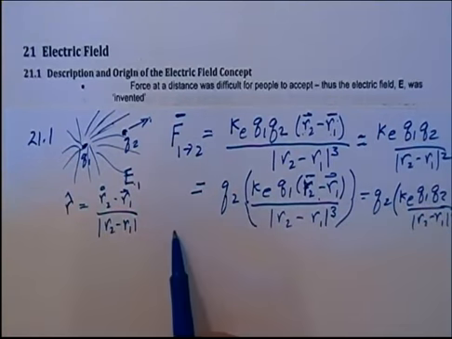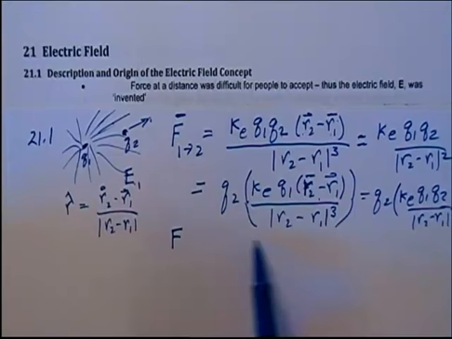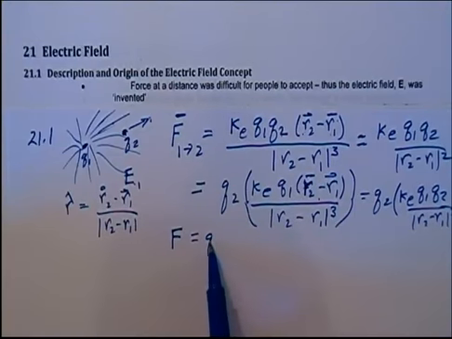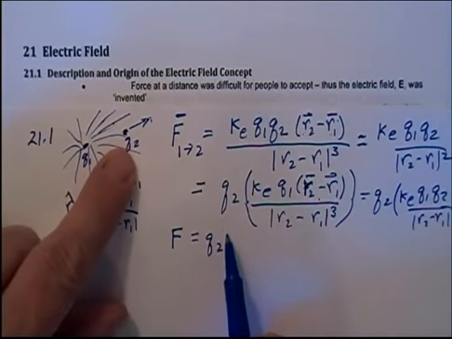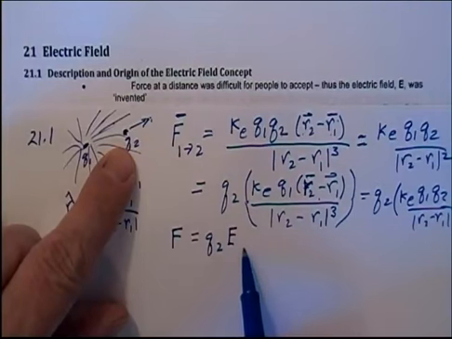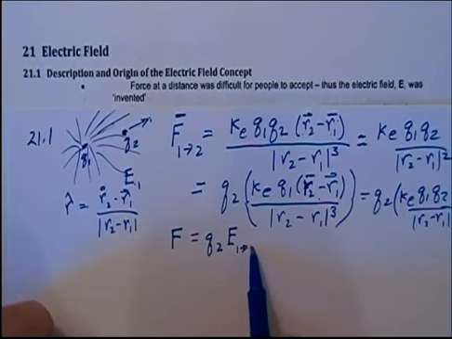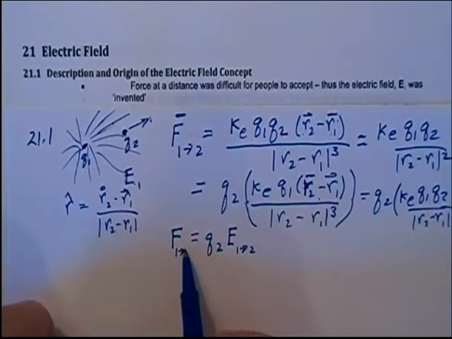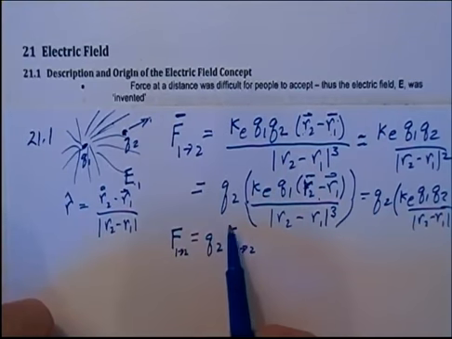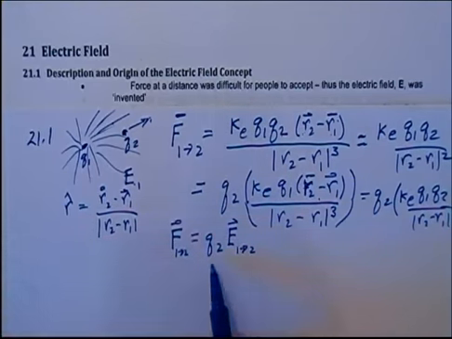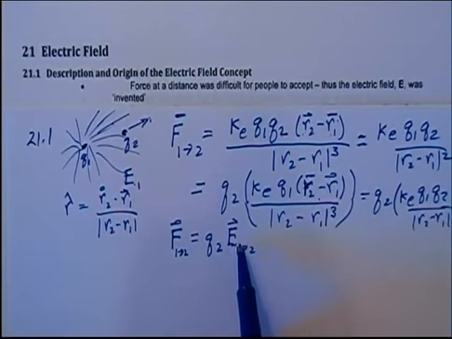And now what we do is we want to write that force as Q2 times the electric field at that point. This would be the force that 1 exerts on 2. And so you can see that we now have an equation for the electric field.